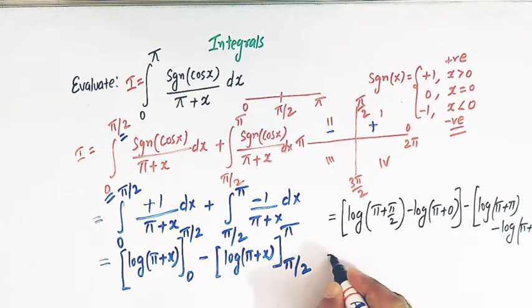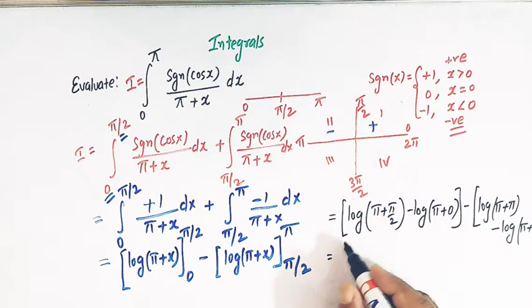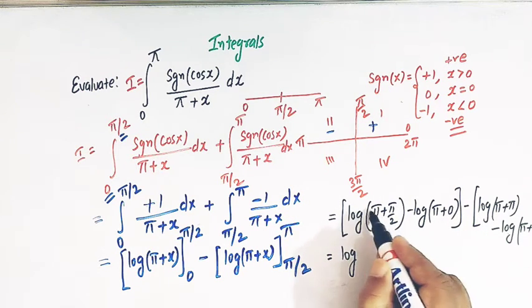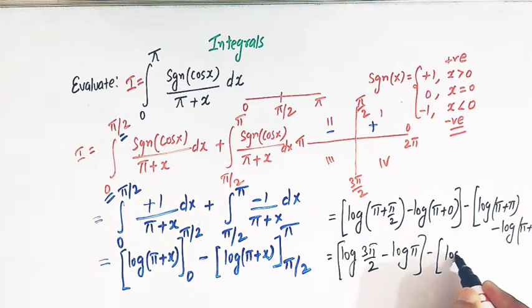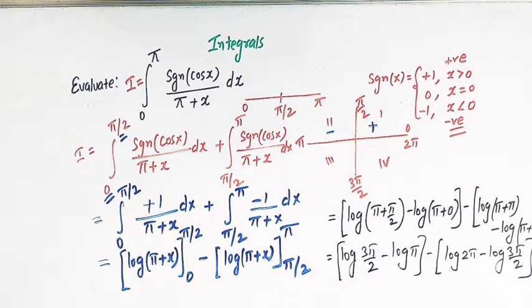Let us simplify this expression: log of 3 pi by 2, then log of pi, and log of 2 pi, and log of 3 pi by 2.